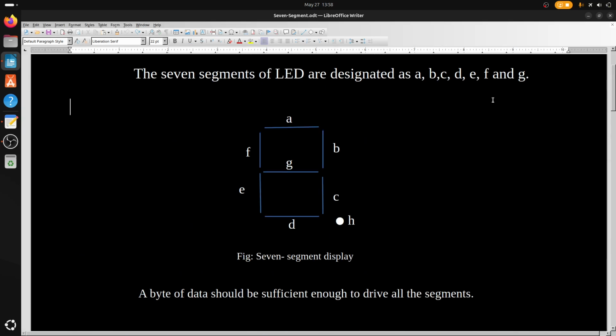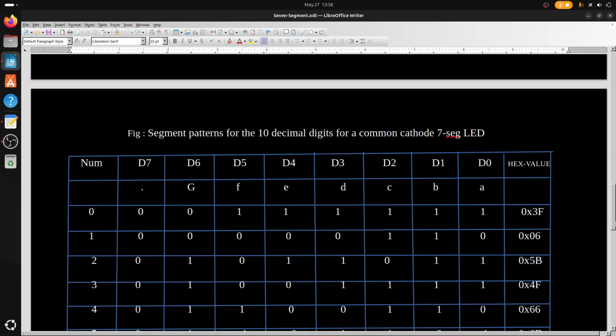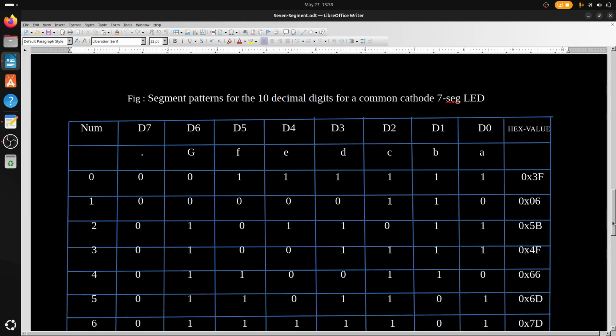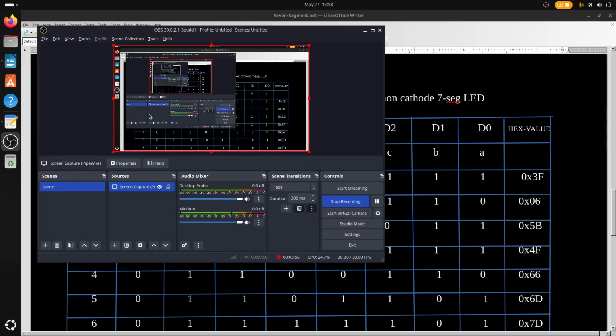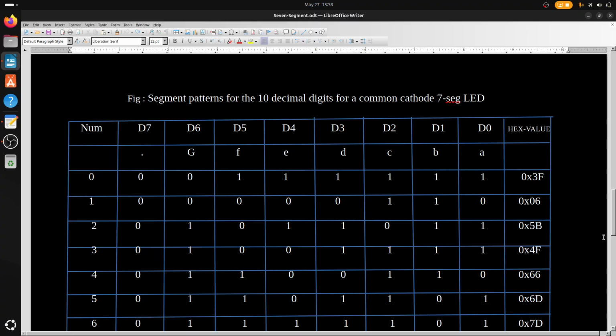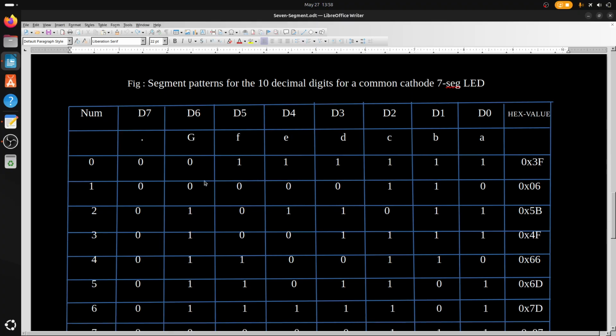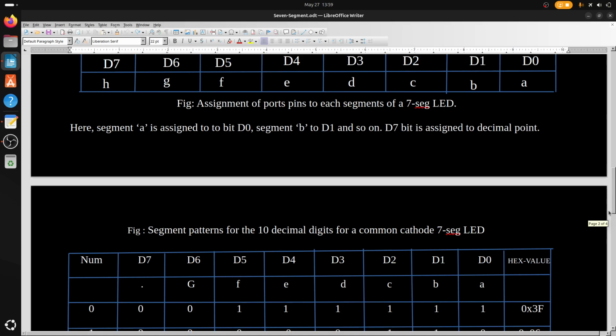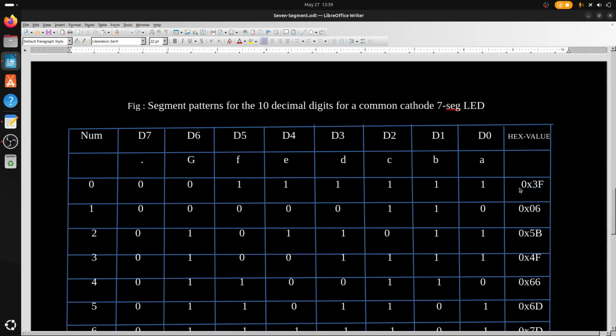Here it is A, B, C, D, E, F, G, H. So this one is the segment patterns for the 10 decimal digits. This is the digit, 0 to 9, and this is the value, and if you want to display a digit on the 7-segment leads, you have to give these values.